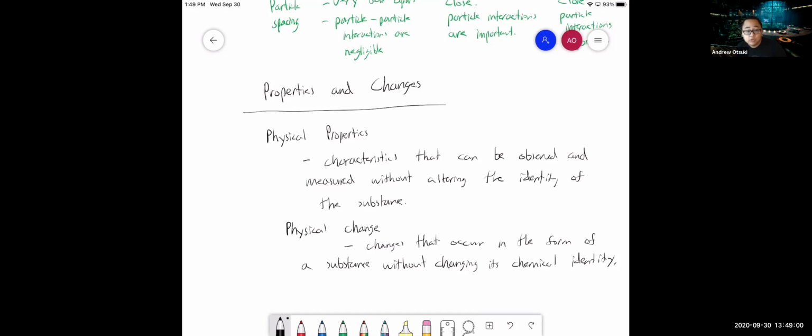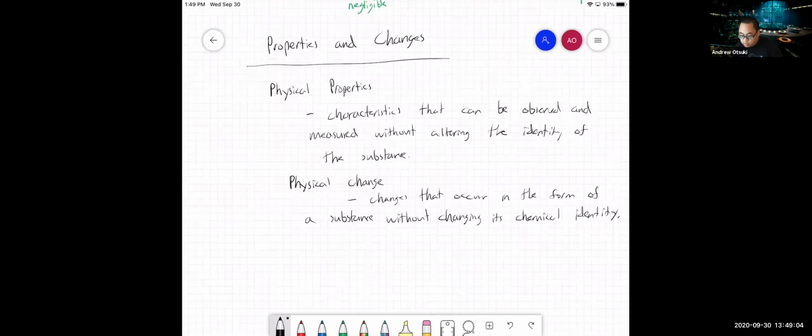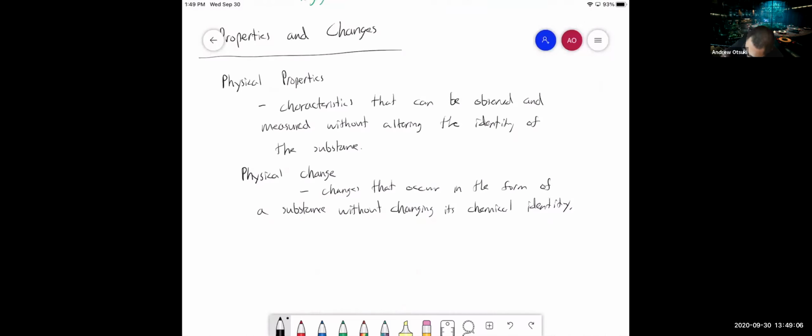For example, solid ice melts to liquid water. That is an example of a physical change, right? Our water has been converted from a solid to a liquid.